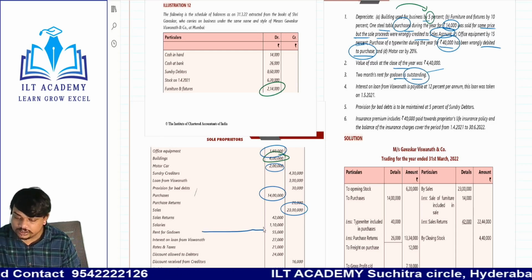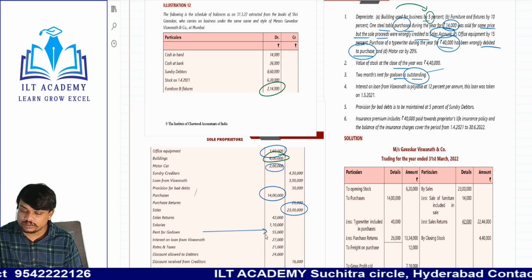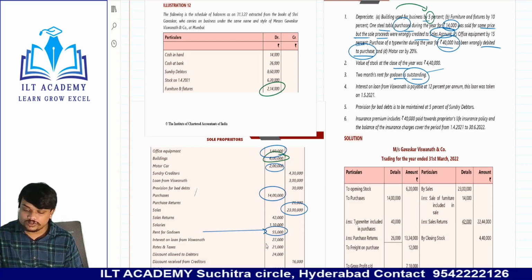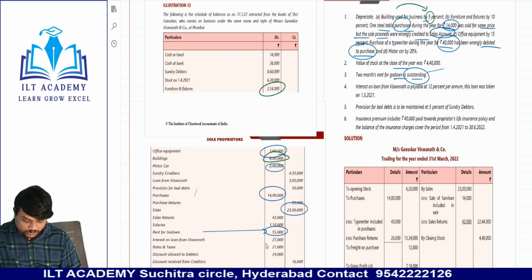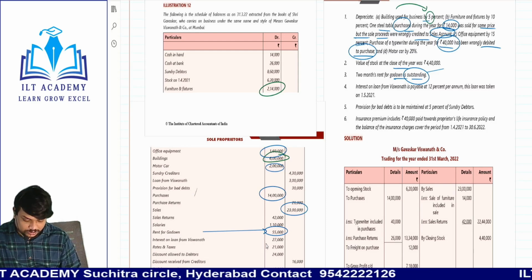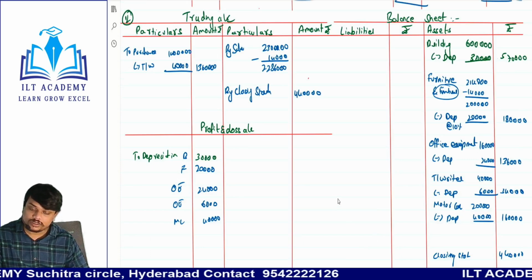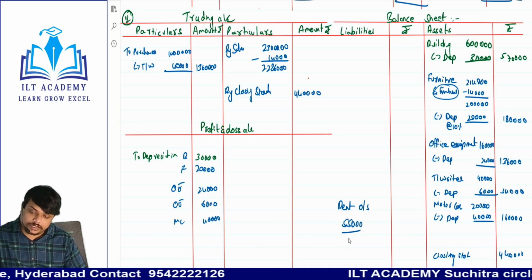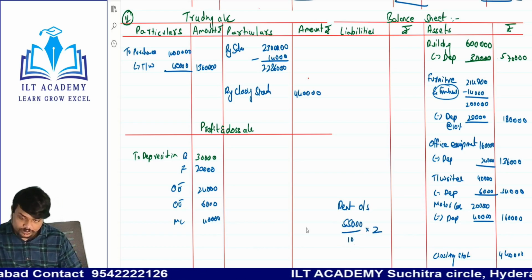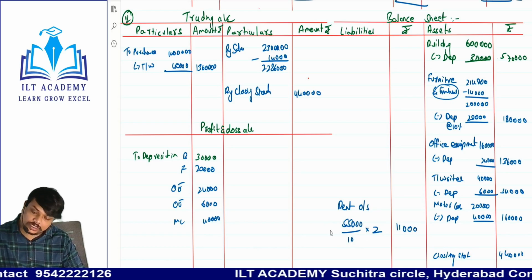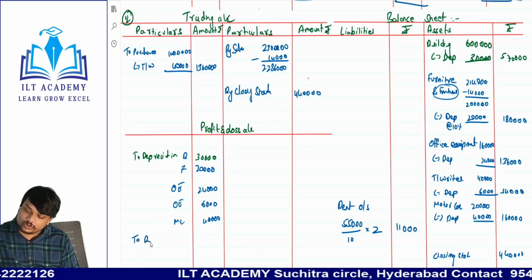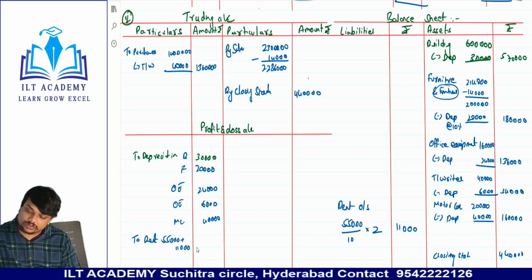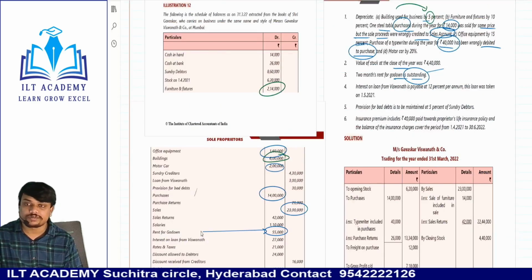Rent of godown is 55,000, and 2 months is outstanding. So what do we need to do? 55,000 divided by 10 into 2, which is 11,000. So rent outstanding is 11,000, and to rent, 55,000 plus 11,000, which will be 66,000, we post.